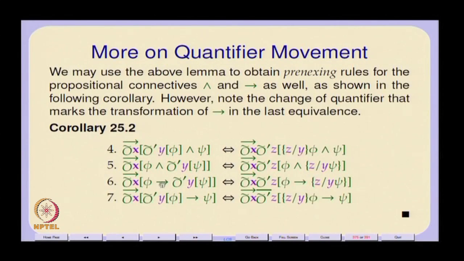Similarly in the case of the arrow, there is this inversion of the quantifier in the last, which we have already seen. We used it in our proof of the there exists elimination theorem. This last one corresponds to that, and actually it works for both quantifiers. The inversion of the quantifier happens for both quantifiers.